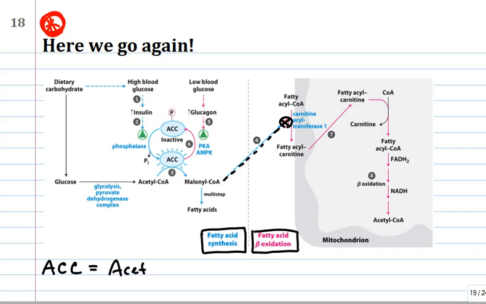This is acetyl-CoA carboxylase. Okay, what does acetyl-CoA carboxylase do? It converts acetyl-CoA to malonyl-CoA. Here it is right here. Here's ACC.